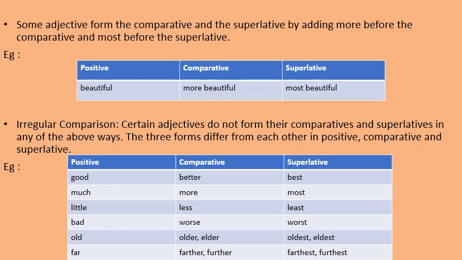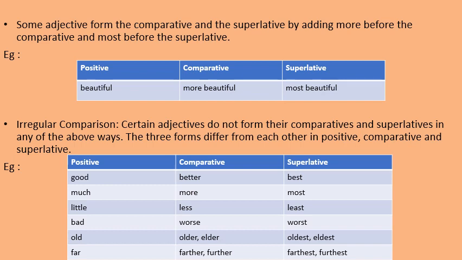Next is irregular comparison. Certain words do not form their comparative and superlatives in any of the above ways. There are three different forms in the positive, comparative and superlative degrees.